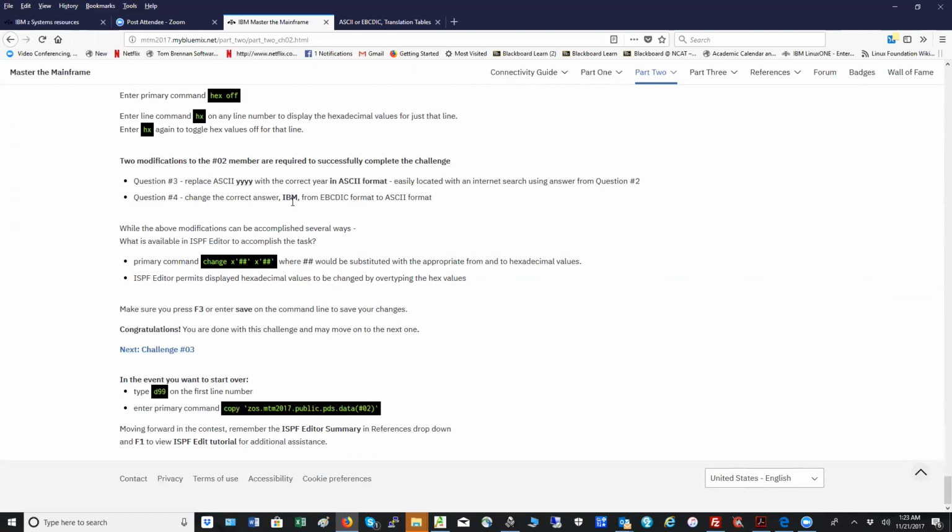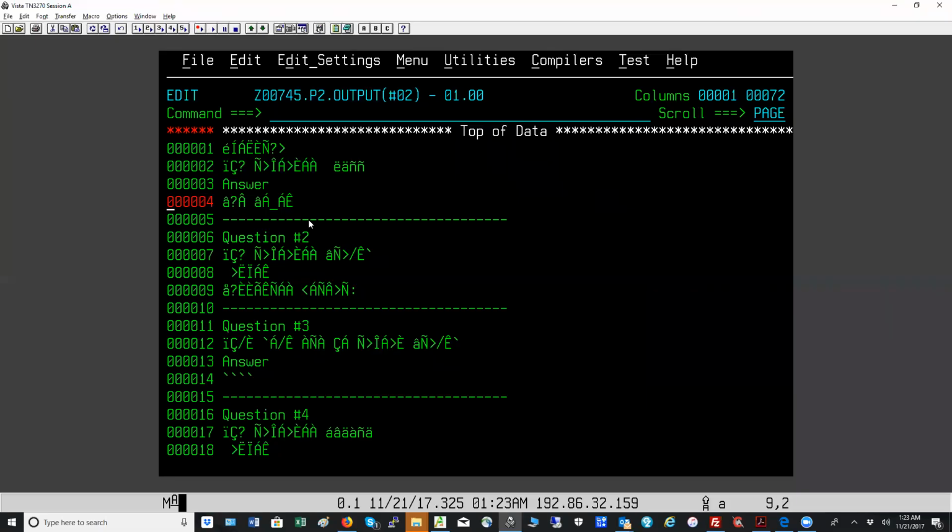So what we have to do is, first of all, find out what question 3 and question 2 are. Some of these characters we can see. There you see question 2 is something, and you can't read it. But we're going to put source ASCII. Remember, line 6 is where question 2 starts, so I'm going to put source ASCII here.